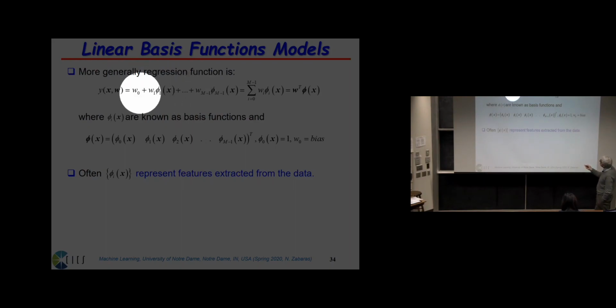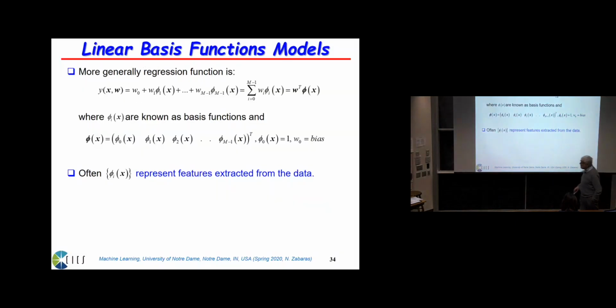It doesn't add to the complexity of the model. Still, when I do the analysis, I'm going to put everything together. But when you write computer code, you have to do some special treatment for W0. So I may give you that as a homework, and it's already sampled in the slides as well.